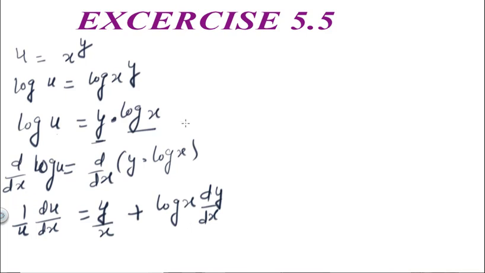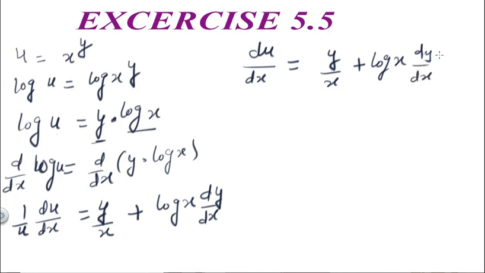Now one thing that we can do is calculate du by dx from here. So du by dx will be equal to y upon x plus log x into dy by dx. The whole equation will be multiplied with u. Value of u is x to the power y. Clear?